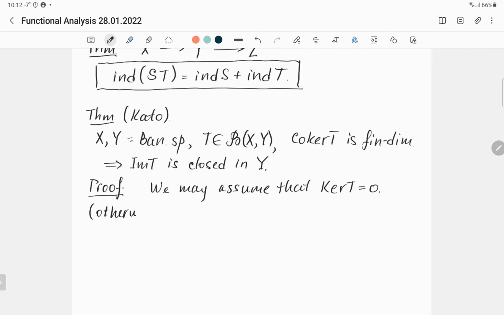So otherwise, we consider the operator, say T hat, from the quotient modulo the kernel to Y, which is induced by T, in the sense that the following formula holds.